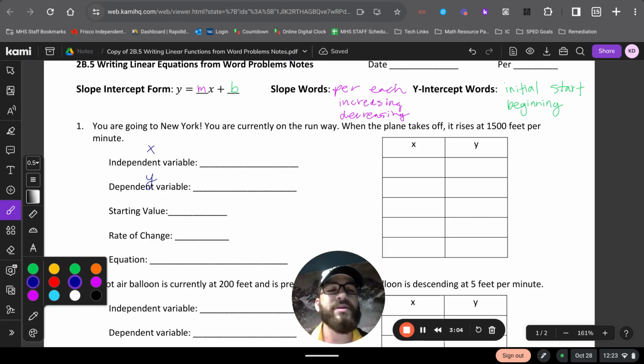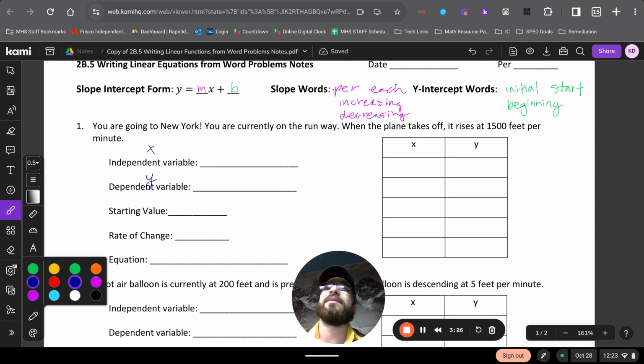So there's two things that we have. We have this plane, and its rising height, so some feet, that 1,500 feet, and then per minute, so some time is passing. So we're trying to track the plane's height over the time or the minutes. So trying to determine which one should be x and which one should be y. Our independent typically is time.